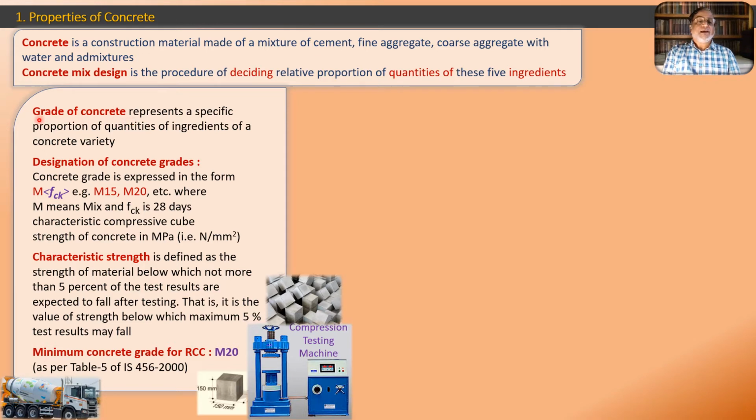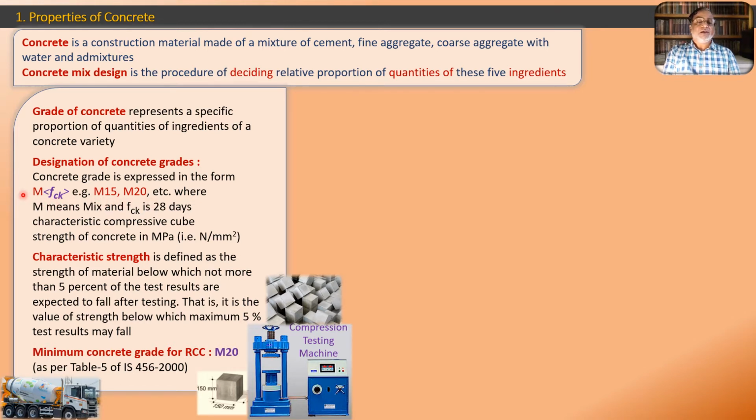So what is grade of concrete? Grade of concrete represents a specific proportion of quantities of ingredients of a concrete variety. Now, every concrete is designated as concrete grade M fck. You can see this symbol, capital M, and after that we put the value fck. For example, M15, M20.